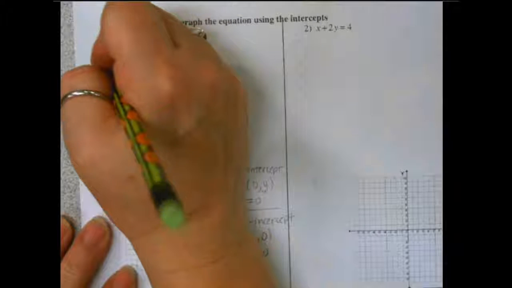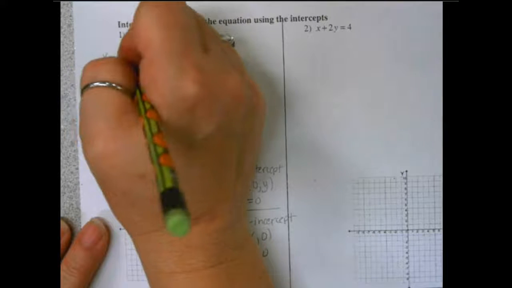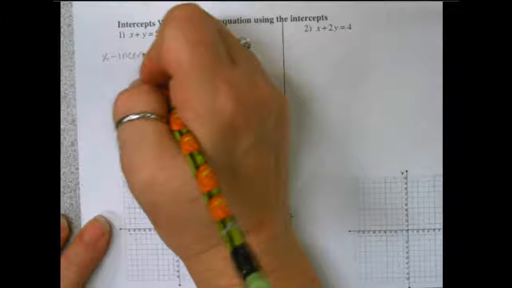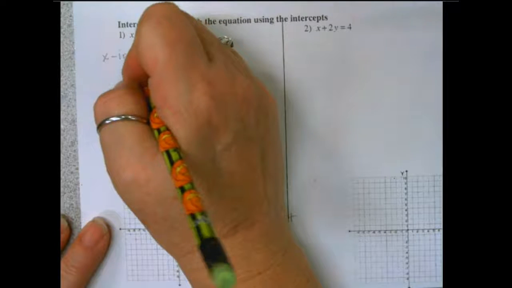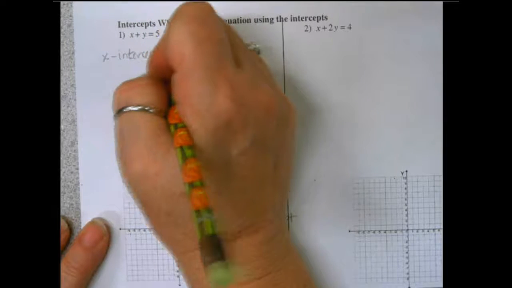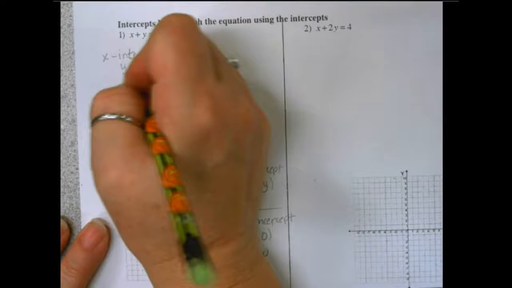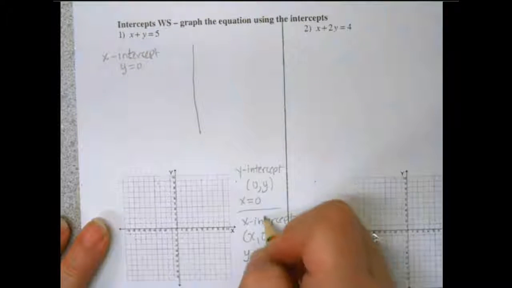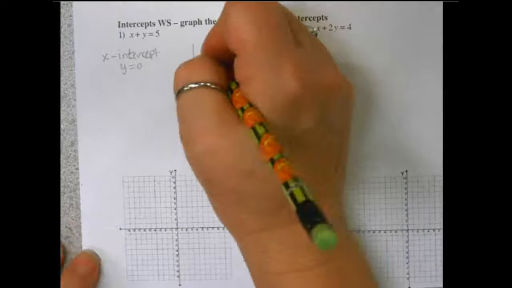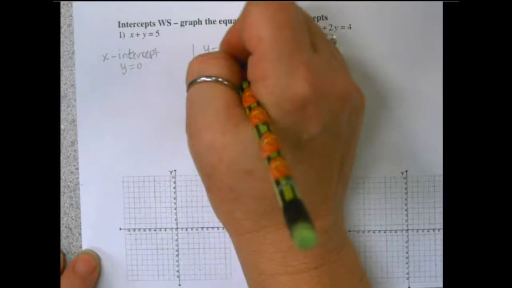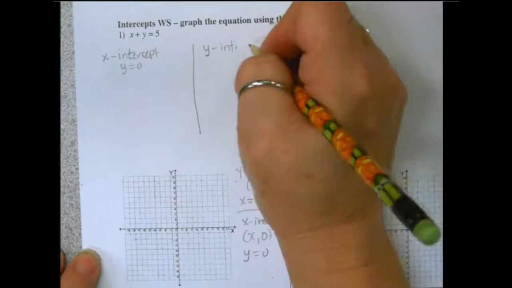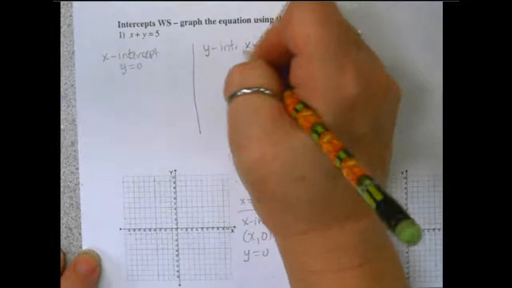And first we're going to find the x-intercept when y is equal to 0. And then we're going to find our y-intercept, when x is equal to 0.